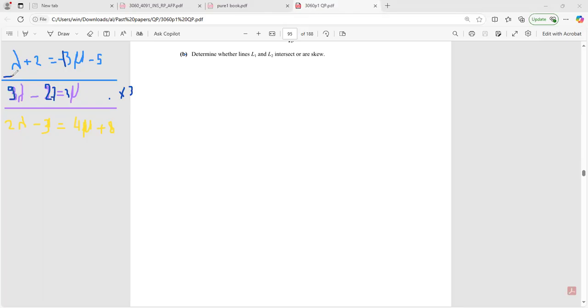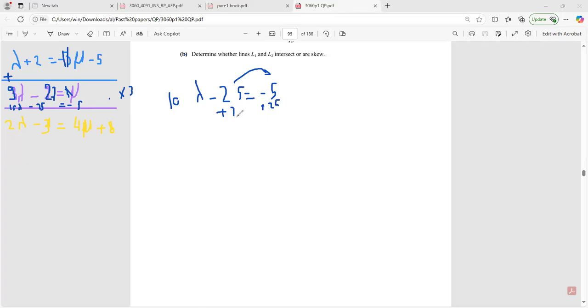Then we're going to add them, so it will be here 10 lambda minus 27 plus 2 minus 25, which equals, kick this 3 with the 3, negative 5. And so now we have 10 lambda minus 25 equals negative 5. Then we're going to move this here, so it'll be positive 25, positive 25.